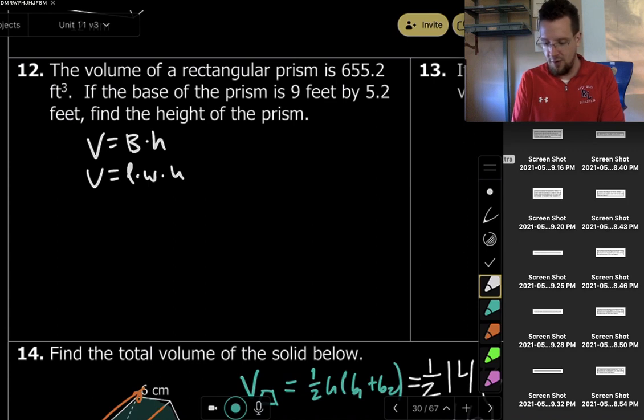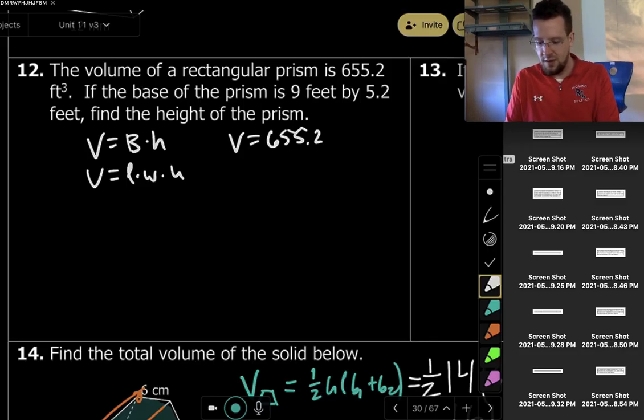So we're told that the volume is, let's declare our variables, 655.2. We know the base of the prism, so we know that the base is the length. I'm going to say length is 9, width 5.2.